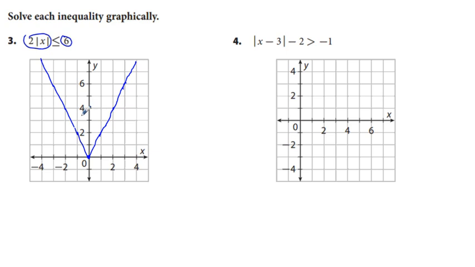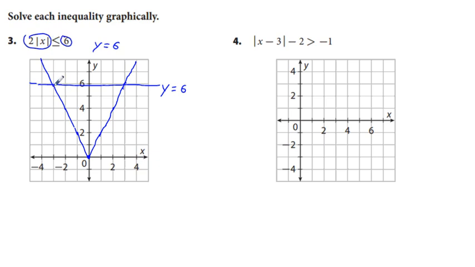We can verify with our graphing calculator, where it is less than or equal to 6. So graph y equals 6, and here it is. Y equals 6. And we want to know where the value of this expression, 2 times absolute value of x, is less than or equal to 6.